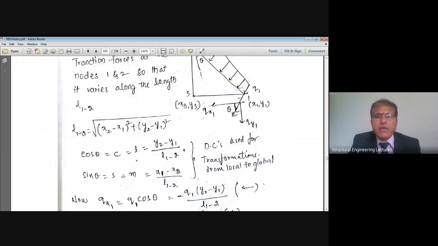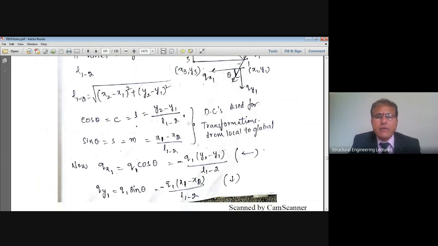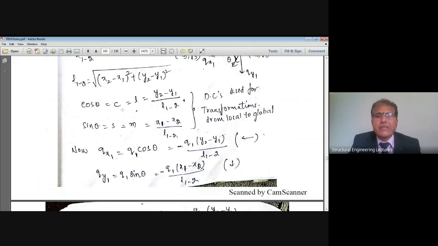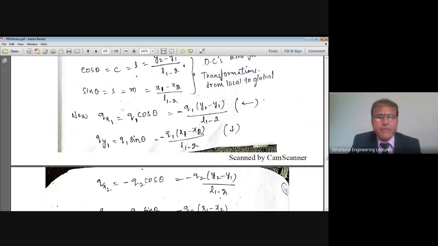Similarly, from the same figure, sin theta is nothing but x1 minus x2 by the length of that element. These are what are called the direction cosines of the given element.